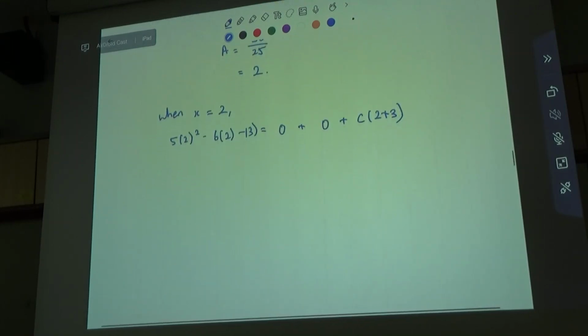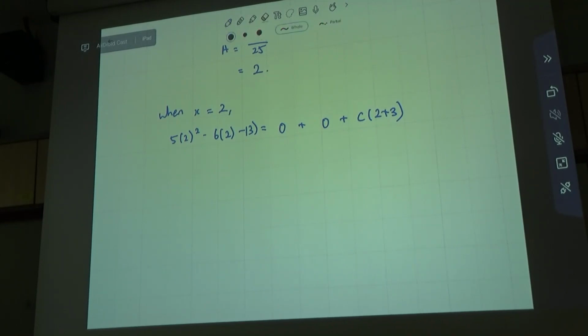Oops, sorry, I've got an extra bracket here. This will give me negative 5 on the left hand side equals to 5C on the right hand side. So C is equals to negative 5 divided by 5, that will be negative 1.